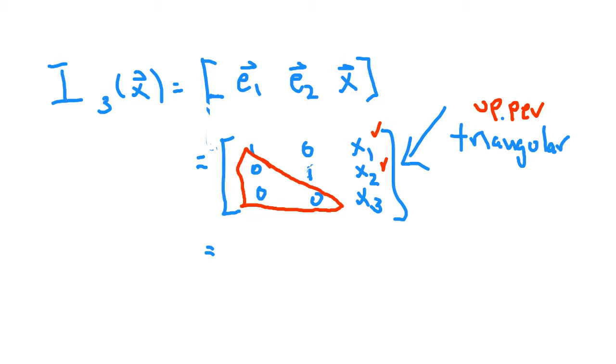It's easy. What is that determinant equal to? That's right, Mikhail. It's the product of the diagonal entries. So you get 1 times x3, and that equals x3.